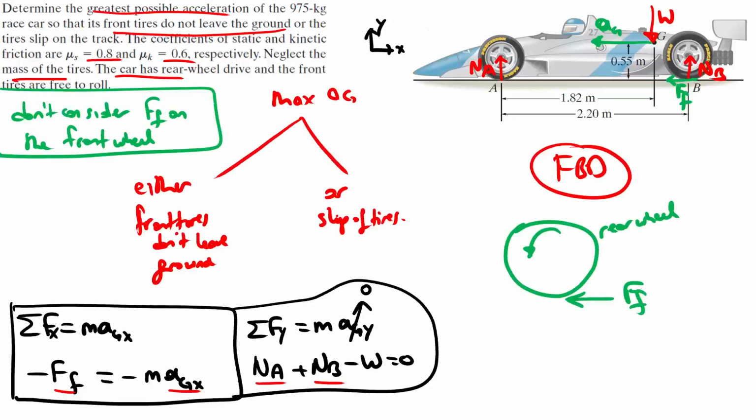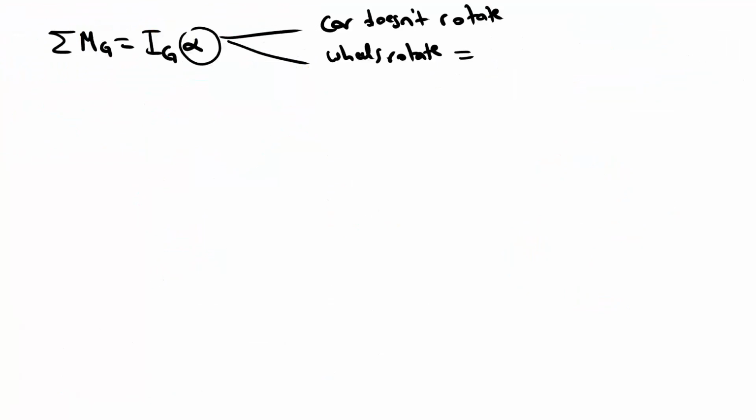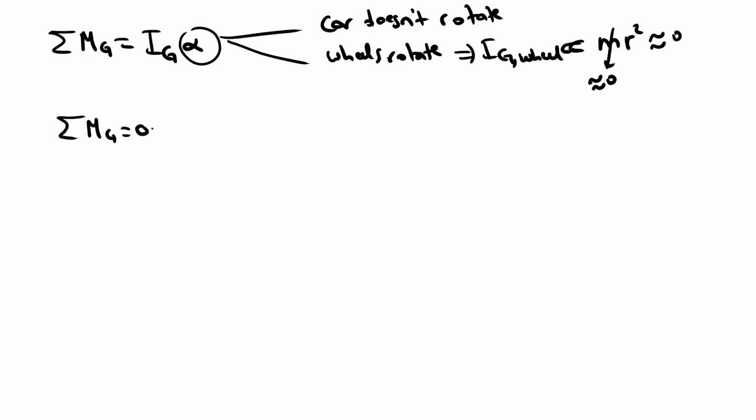The question says to neglect the mass of the tires. So we know that I g of wheel is proportional to m into r squared, and since m is 0, this quantity will be 0. That's the reason that the moments about G will be equal to 0.